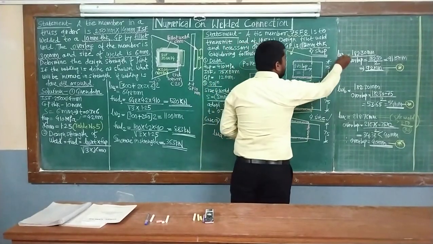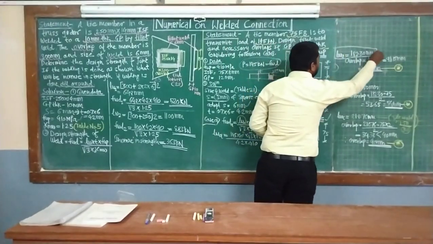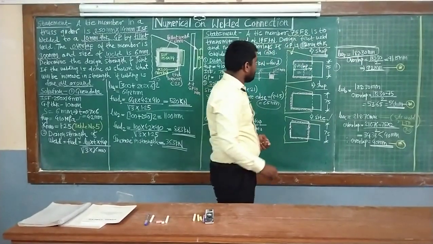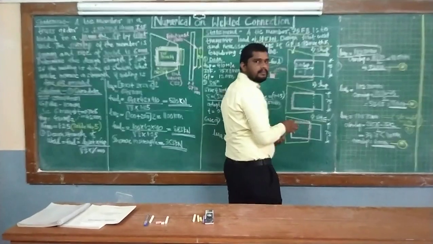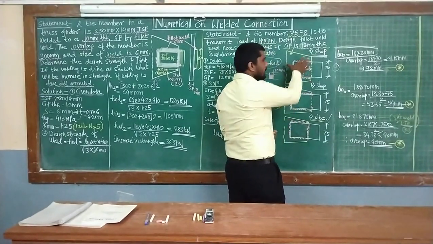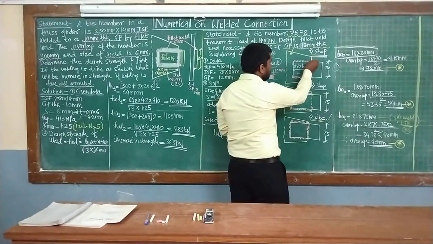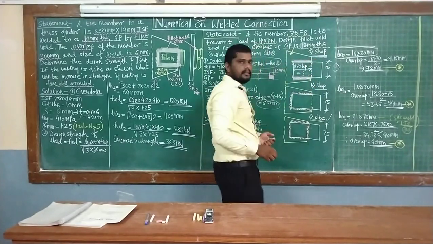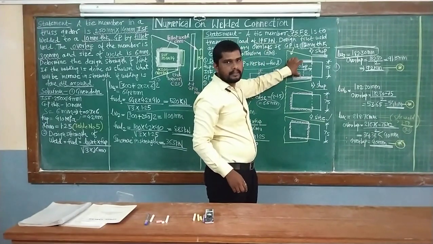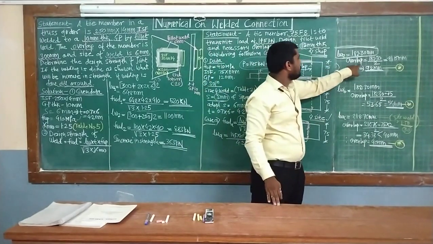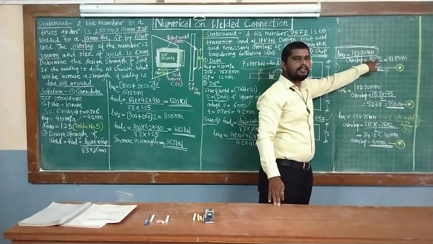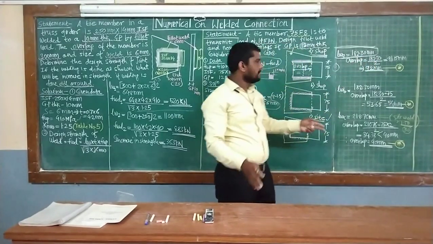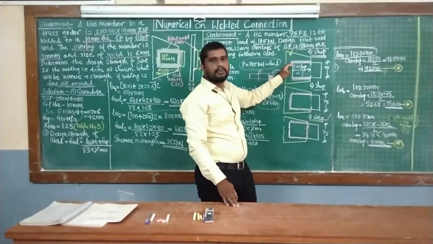We know the total length of the weld, and we got the answer 182.30. This total length of weld is divided into two parts, because we are going to provide it on this side and on the other side, on both sides. So overlap is equal to 182.30 divided by 2. The length of the weld is equally divided onto both sides.